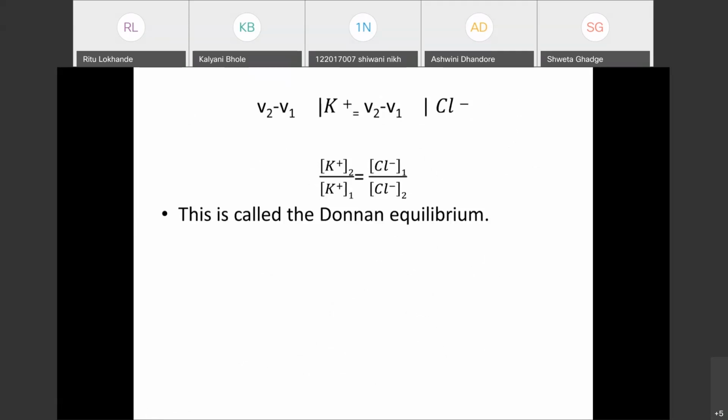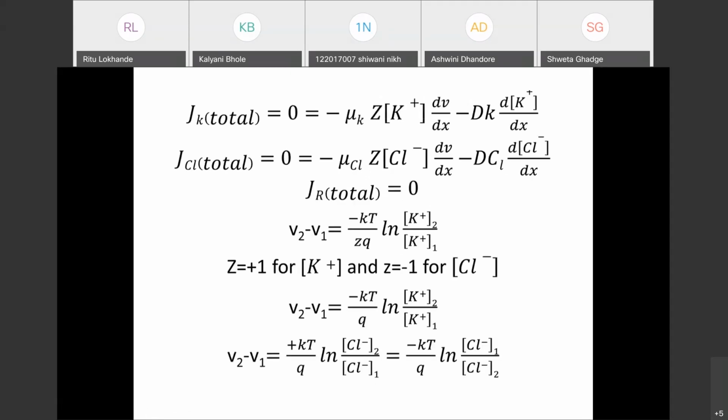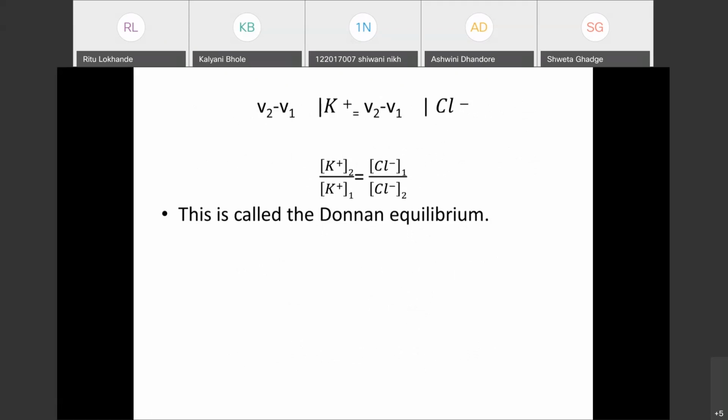But here we can't judge whether this potential difference V2 minus V1 is positive or negative, because we do not yet know the concentration, whether K plus is more or Cl minus is more. So V2 minus V1 for K plus is equal to V2 minus V1 for Cl minus.